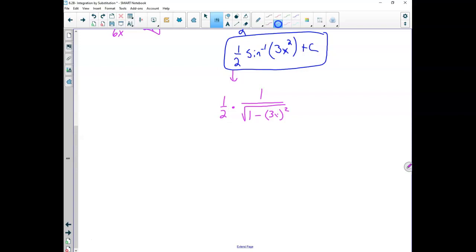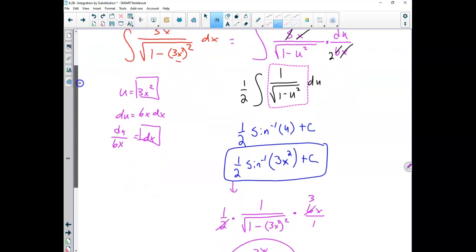My something is 3x squared, times the derivative of the something I put in there. That's times 6x, which is technically over 1. Well, that gives me 1 over, if I simplify, the square root of 1 minus 3x squared times 3x squared, that's 9x to the 4th, okay? And this 2 reduces this 6 to a 3, which gives me a 3x on the top. And is that where I started from?